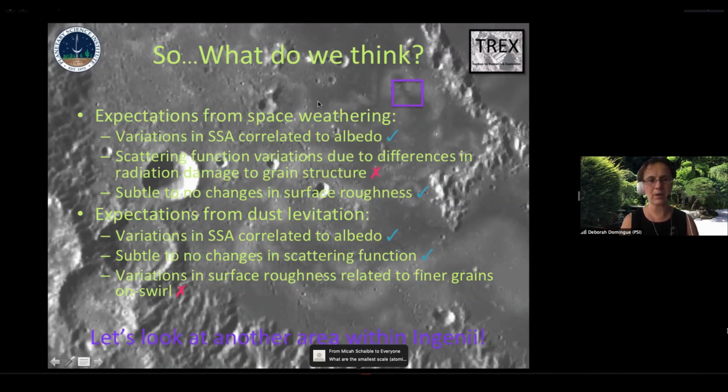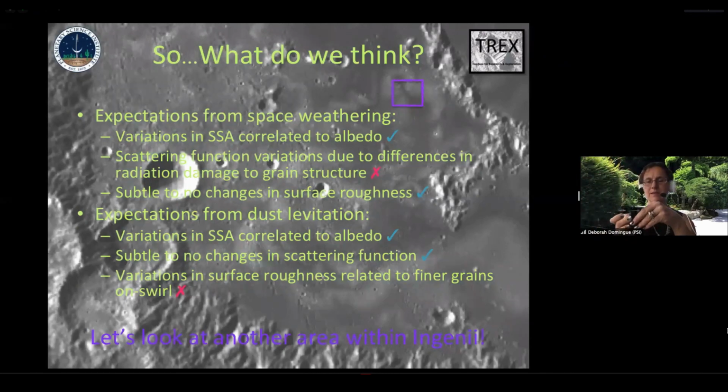When I talk about granular topography, think about I have this rock here and I have this rock here. Now all of a sudden I have this kind of topography. So it's small scale topography. Does that make sense? So when I say granular topography, that's the kind of thing I'm talking about. I'm talking about the roughness that the particles themselves create on the surface.